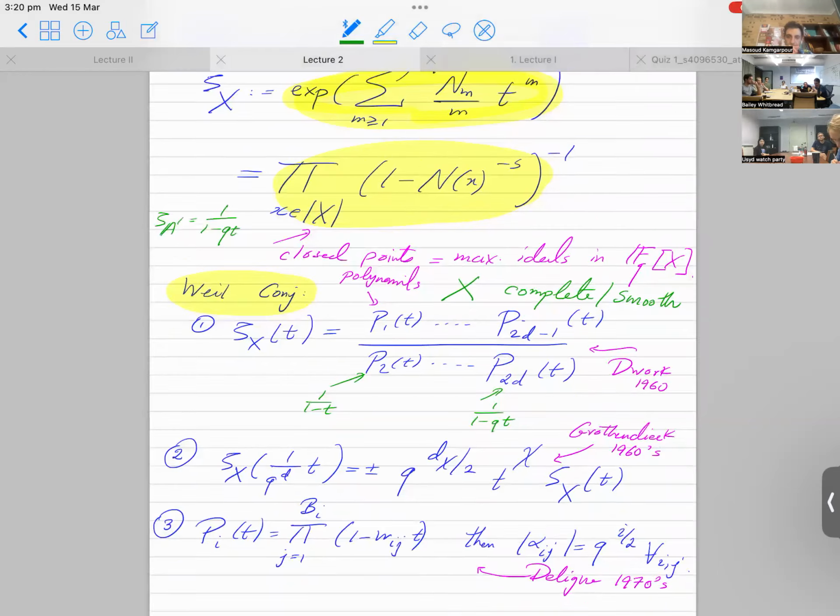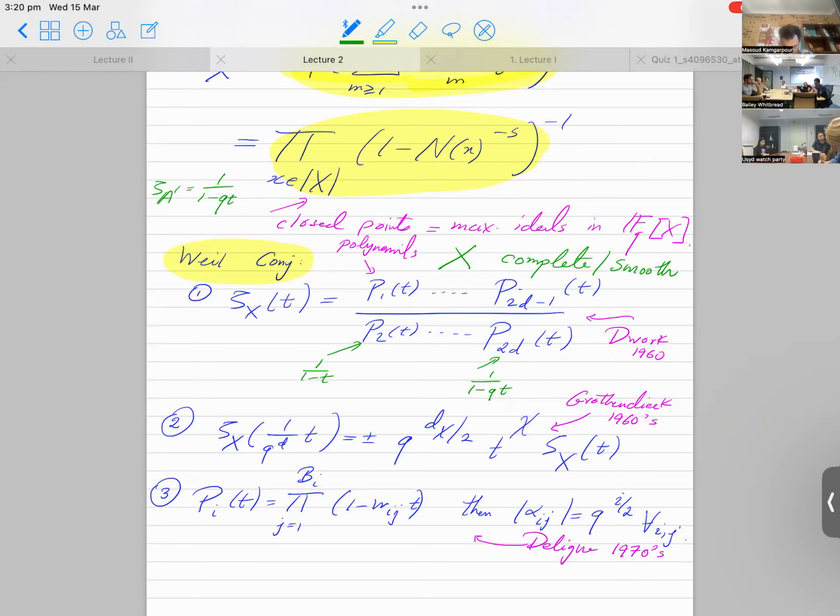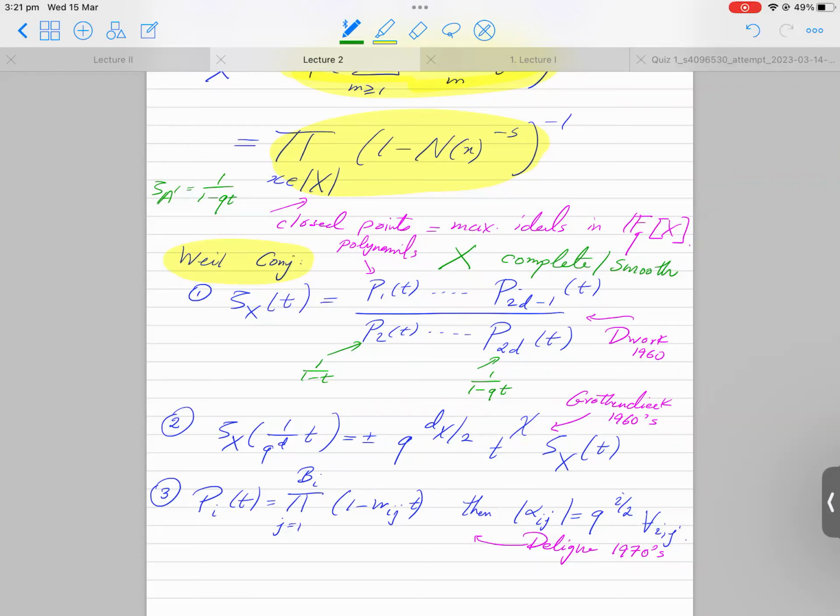There are analogs of this conjecture in the non-smooth case, but maybe less beautiful depending on your perspective. Certain things have to be modified. The weights can be mixed, is one way to say it. The statement about the absolute values has to be modified.